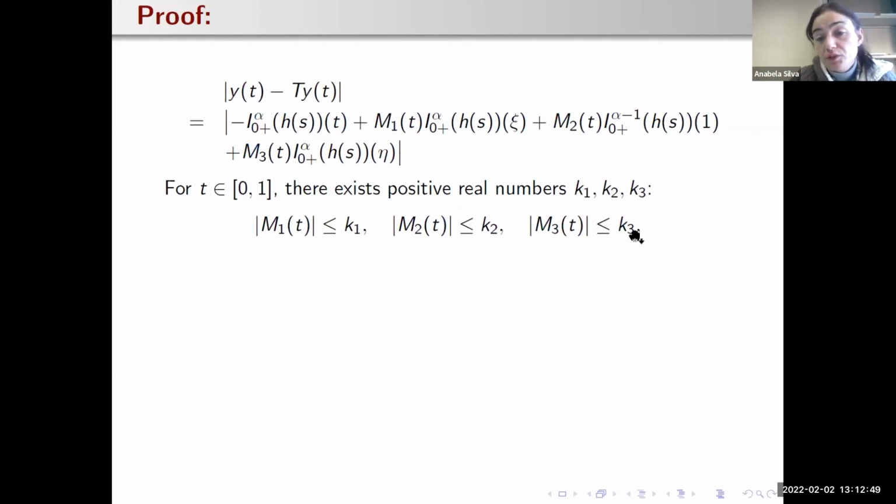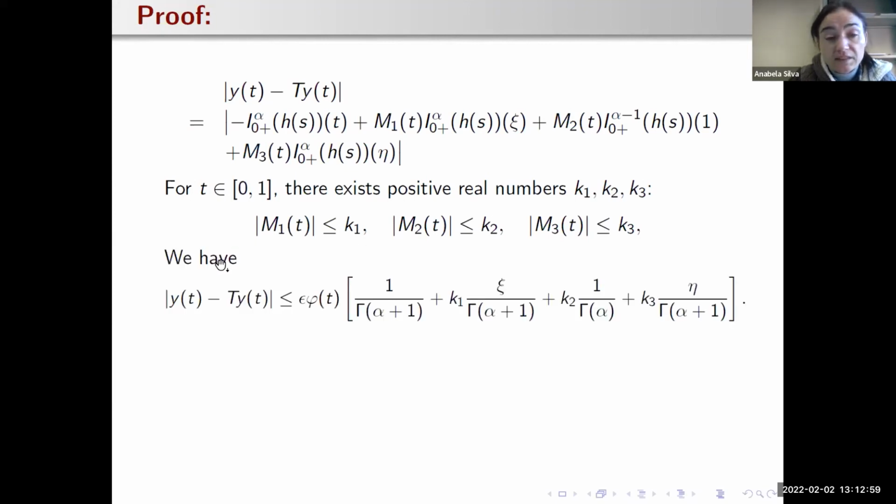The K1, K2, and K3 are positive, and we impose that these M1, M2, and M3 have a finite modulus. And in this case, calculating this y minus Ty, we obtain precisely this inequality, and thus we obtain that y minus Ty is less or equal than k epsilon phi.